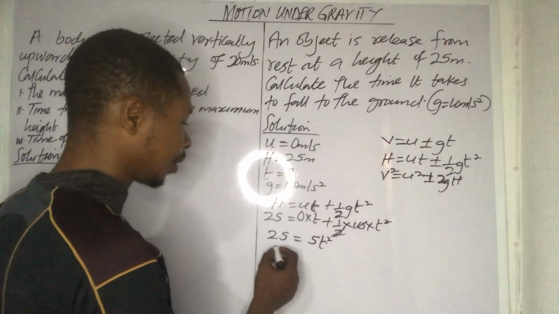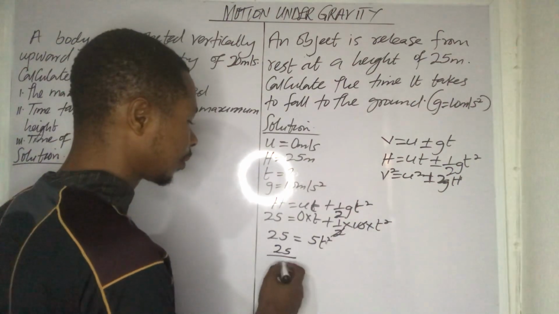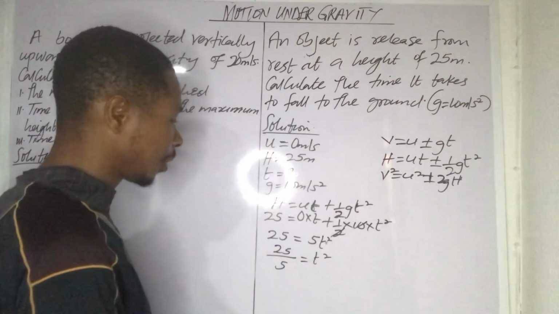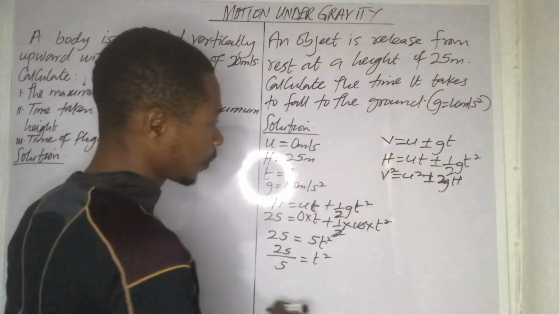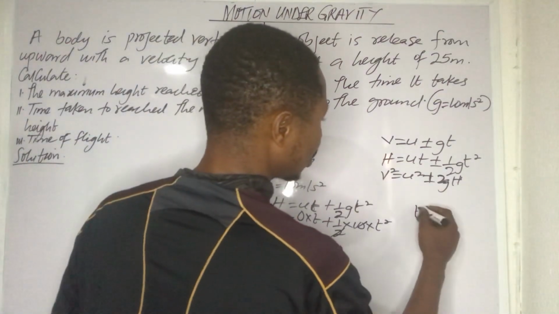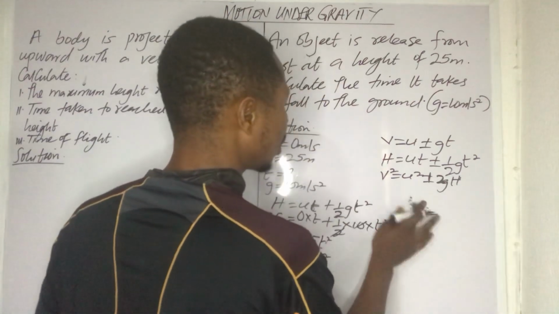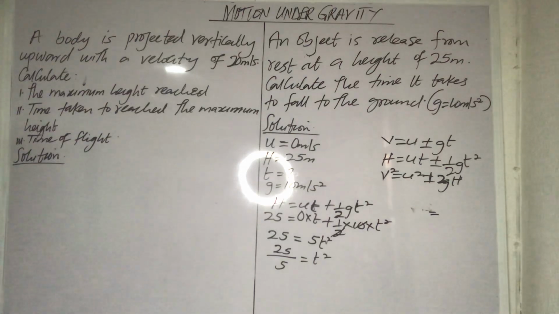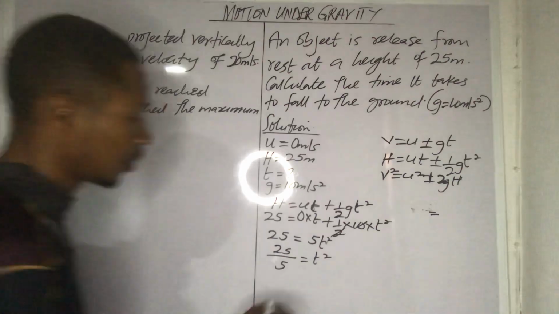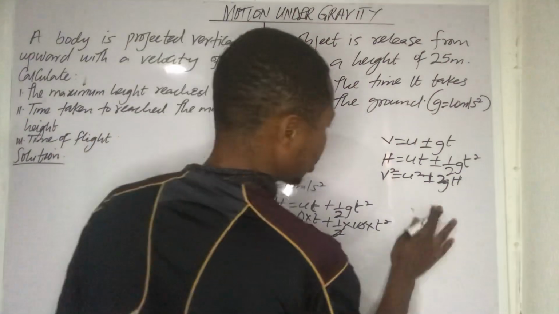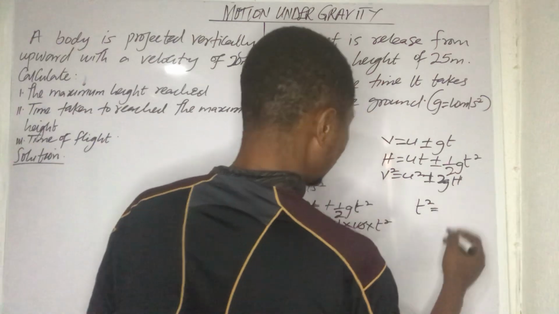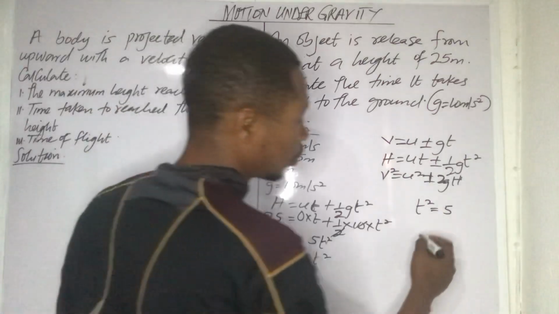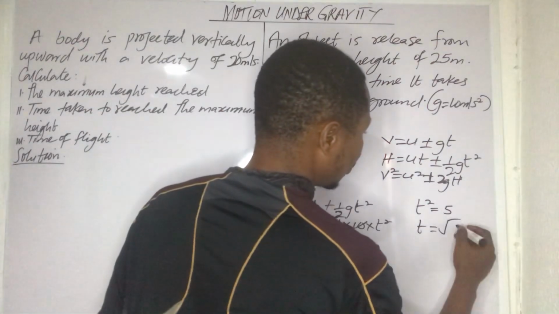Divide both sides by 5: 25 over 5 is equal to t squared. 25 divided by 5 is 5, so t squared is equal to 5. To get t itself, I find the square root of both sides. Then t is the square root of 5.